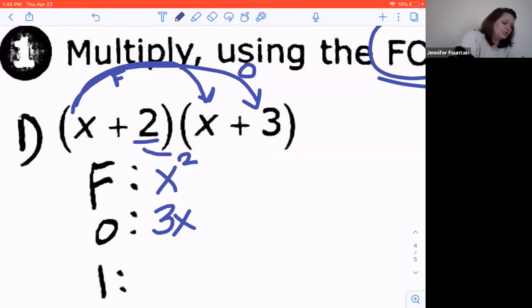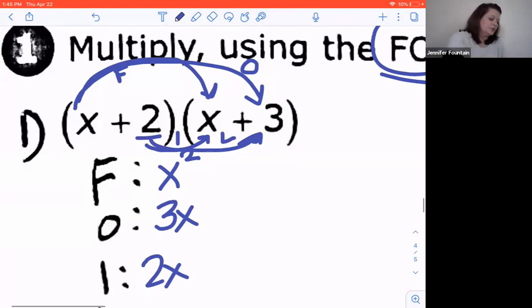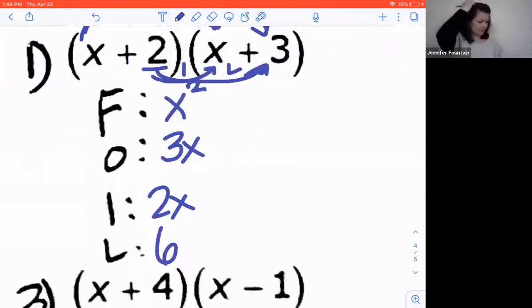I multiply 2 times x. I'm going to label this I because these are the inner two numbers, the ones on the inside. 2 times x is 2x. And then I multiply 2 times 3, and I label that L because these are the last two numbers in each set of parentheses, and 2 times 3 is 6.